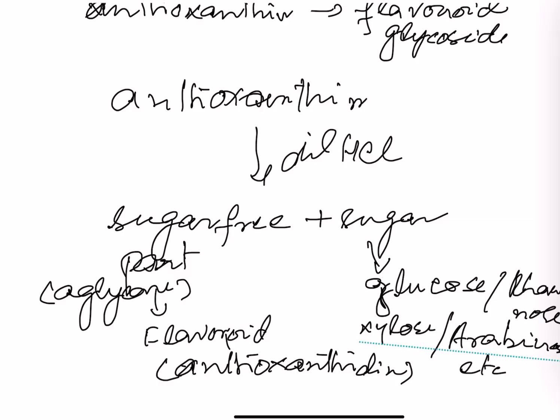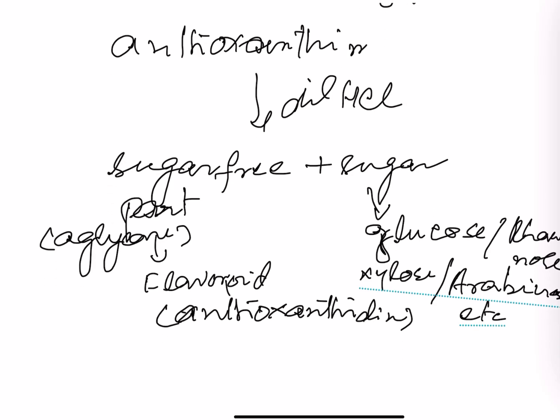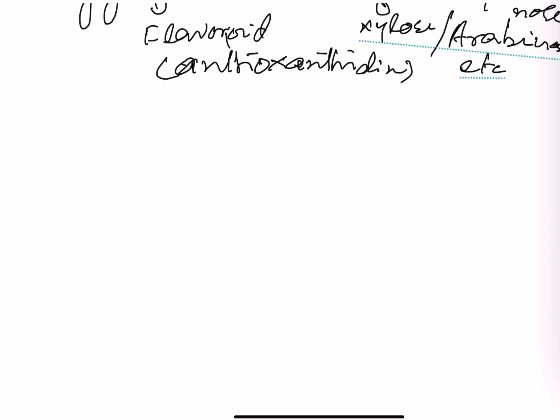These are the sugars which occur in the plant system, so we have to identify which sugar is present and what is the nature of your anthocyanidin. This is the whole story and the introductory part of the flavonoid.